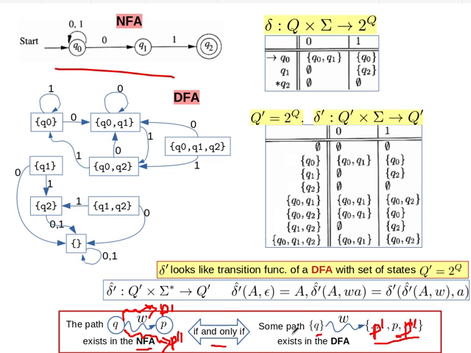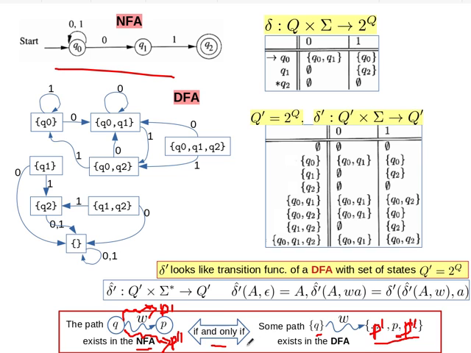Now this path is unique and this result is also unique. Result means the set as a result, starting from a set also. So yeah, you have this path where this set contains p, right? Because this set is precisely the set of all states that you can reach on input w in the NFA, right?